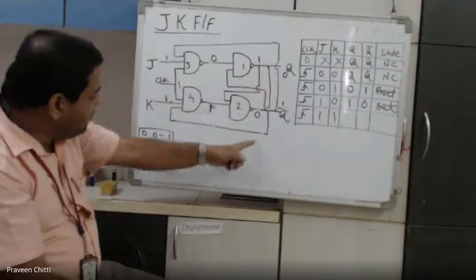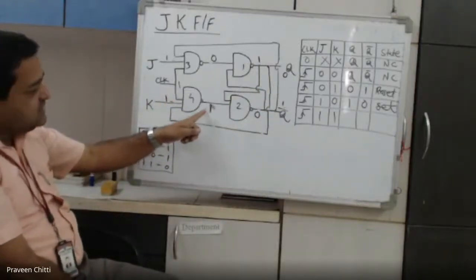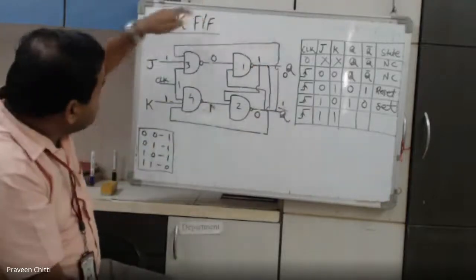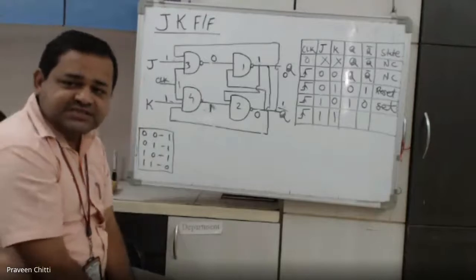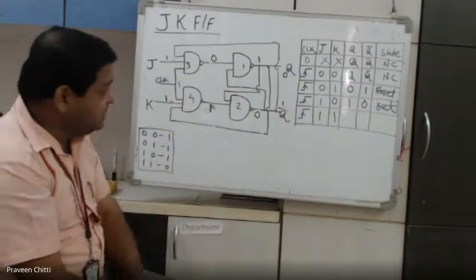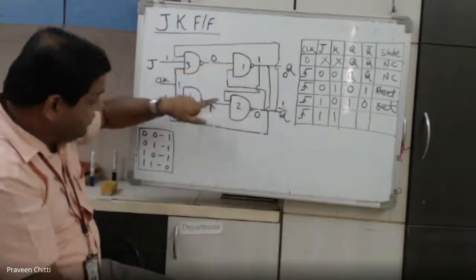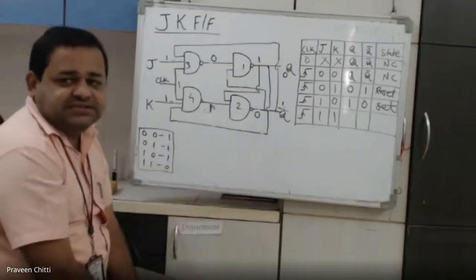So this 0 will come here, along with these two 1s, and it will give you output as 1. And this 1 will come here along with these two 1s and it will give output as 0. Now here we have 0 as the input, so this output will become 1, and this 1 along with this 1 gives us output as 0.